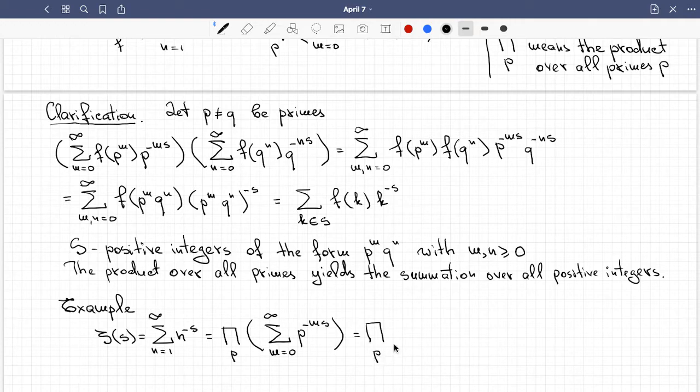And let us sum the geometric series. It starts with 1, p to the minus s, p to the minus 2s, p to the minus 3s. Altogether we get 1 over 1 minus p to the minus s. Or sometimes we write it as the product over all primes of 1 minus p to the minus s, taken to the power negative 1.